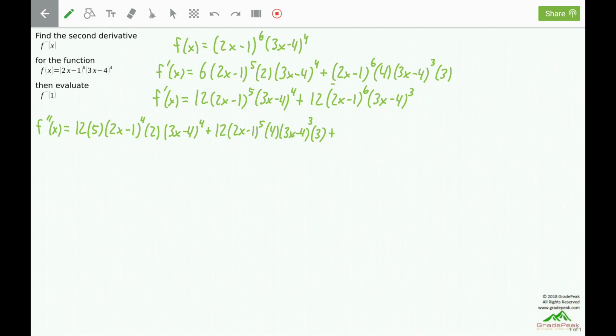Now we have the second term. Same thing with this one, we have a product rule.